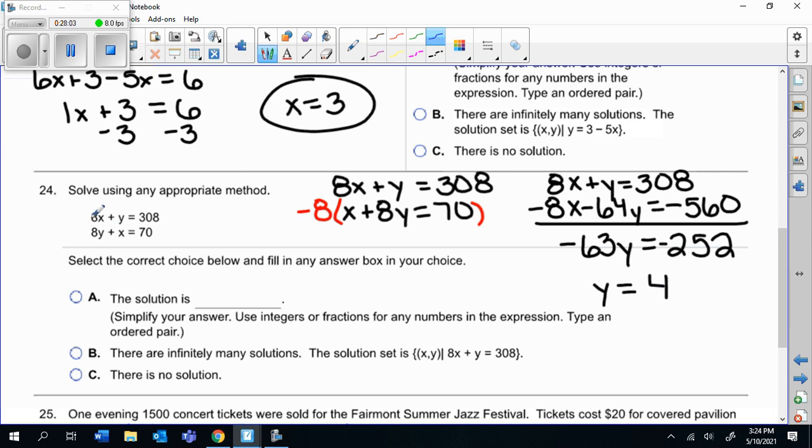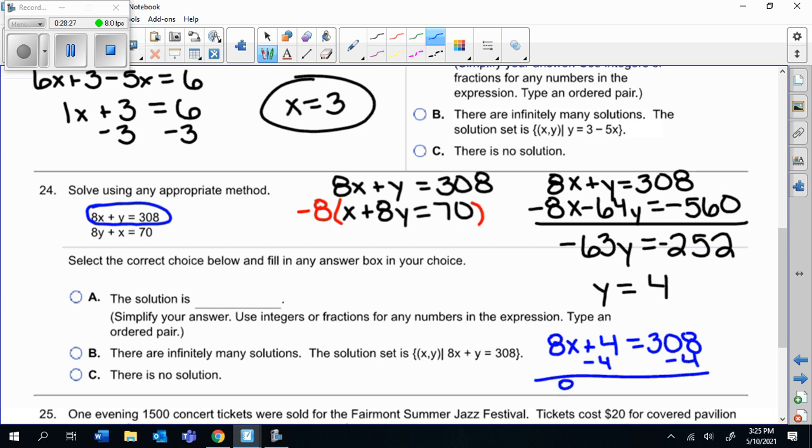Oftentimes, students get super confused as to what to do at this last little step. I'm going to pick this one because there's no coefficient in front of that y, and I'm going to plug in a 4. So I'm going to have 8x plus the y becomes 4 equals 308. Bring that 4 over.